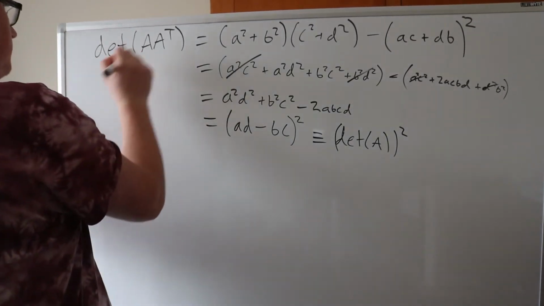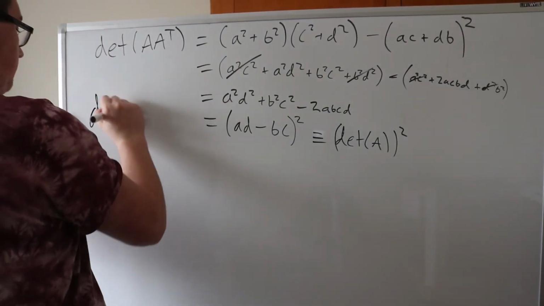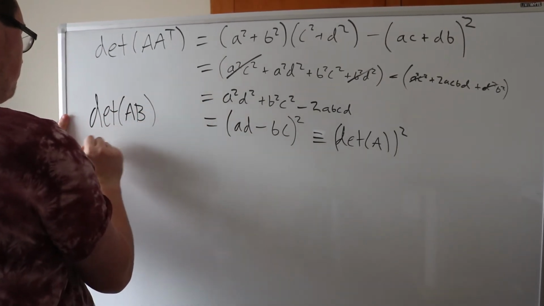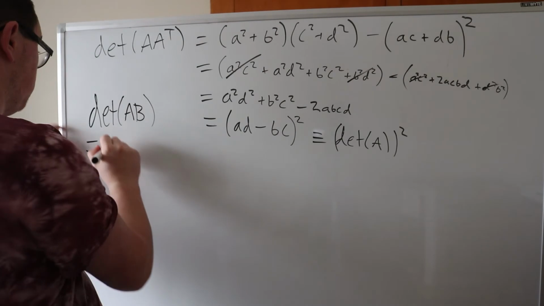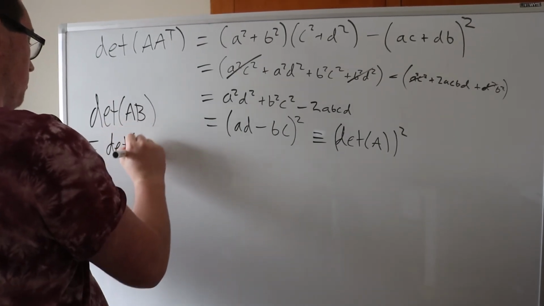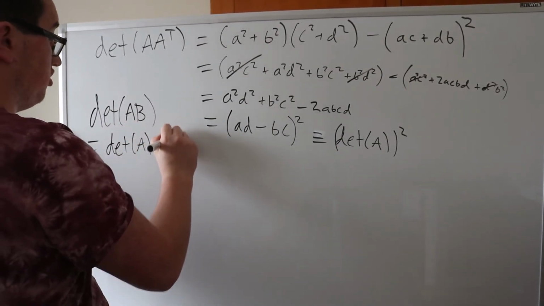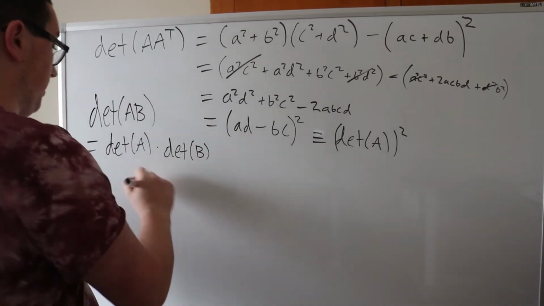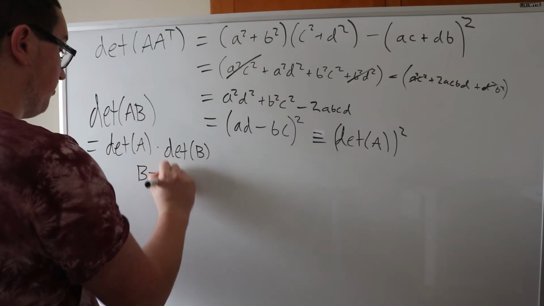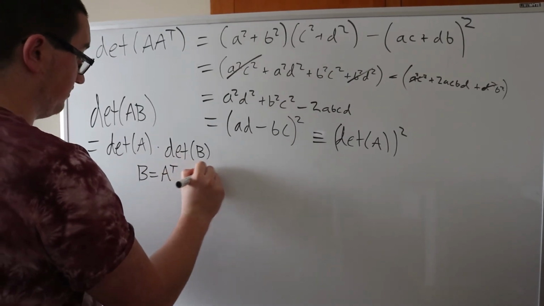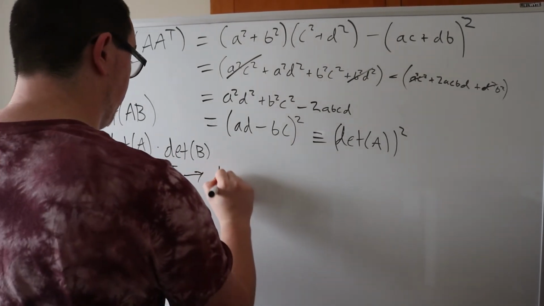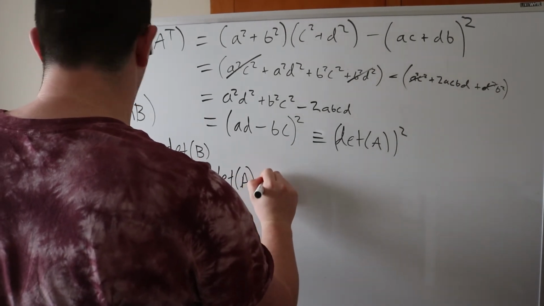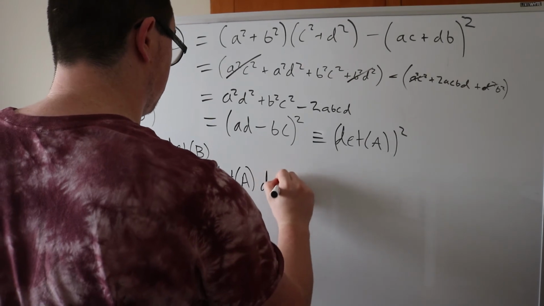The determinant of, let's say, AB is nothing but equal to the determinant of A multiplied by the determinant of B. And now if we let that B equal nothing but A transpose, then we get det of A multiplied by det of A transpose.